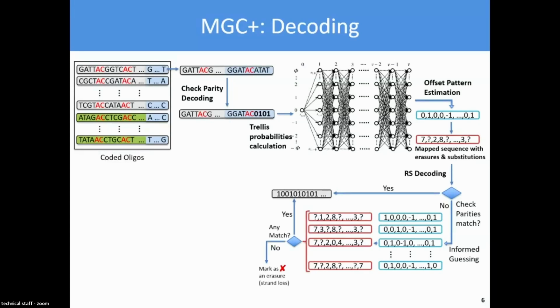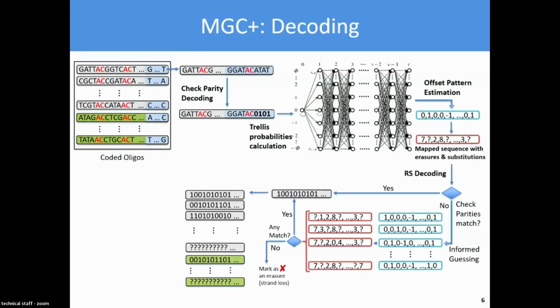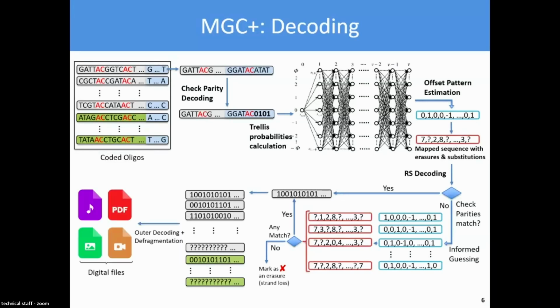If not, we just mark the sequence as an erasure, so as a strand loss. So in the end, the output of the inner decoding is going to be a bunch of sequences. Some of them are marked as erasures, and others are not, but they could still have errors. So that's what the outer code deals with and then corrects these. So this is the high-level idea of how the code works.